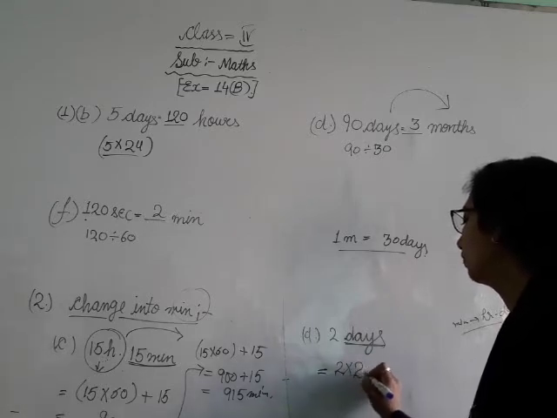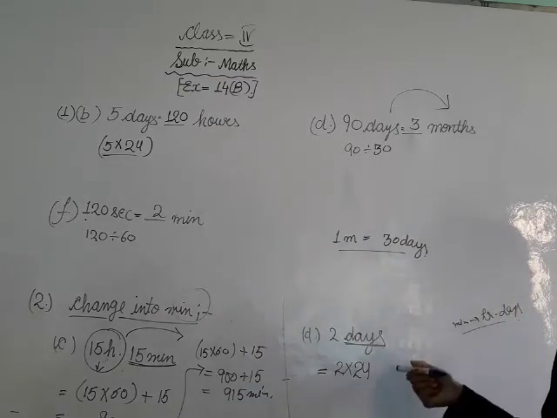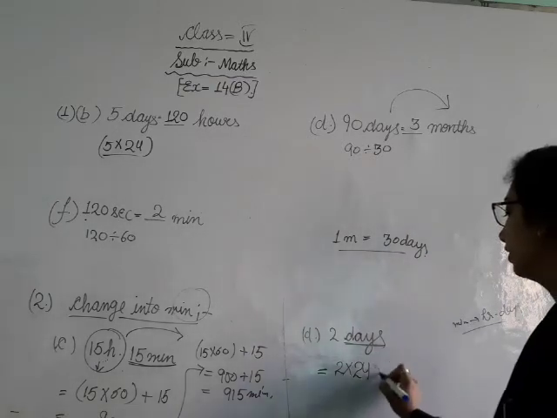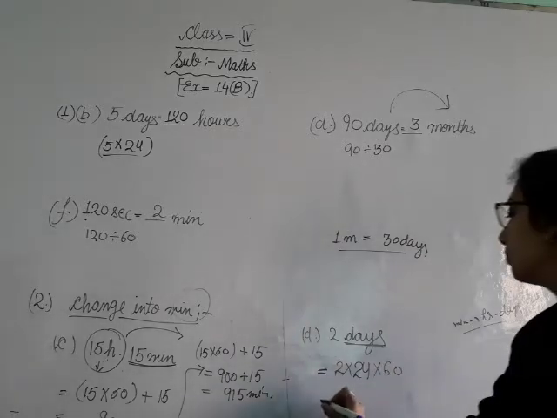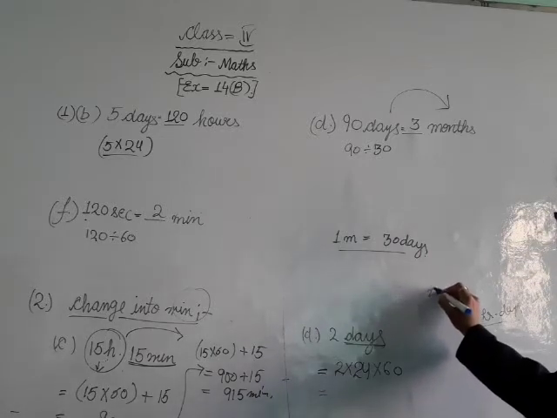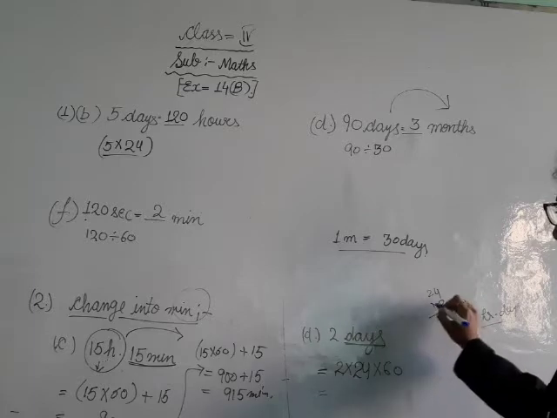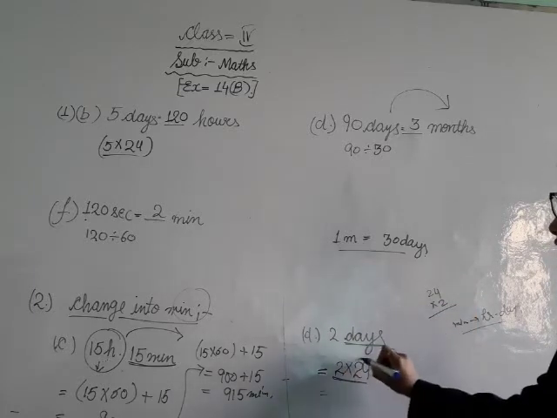Why 24? Because there are 24 hours in a day. And then multiply by 60. Why 60? Because 1 hour is equal to 60 minutes. Understood? Now you can multiply in any order, up to your choice.